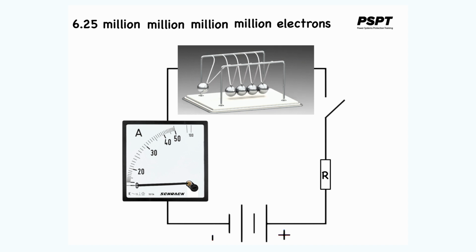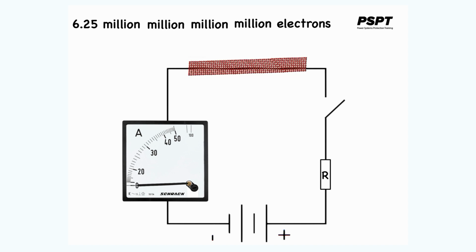Now, let's take a look at, and again, I apologize for the crude animation, but let's assume we're looking at a bunch of electrons in that wire. What is happening when you close the switch?